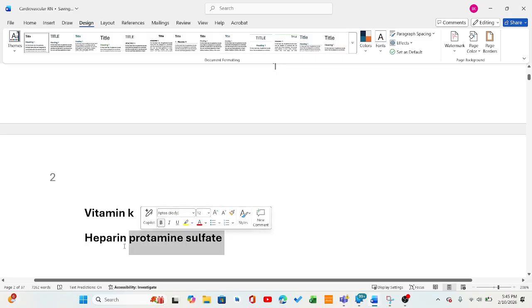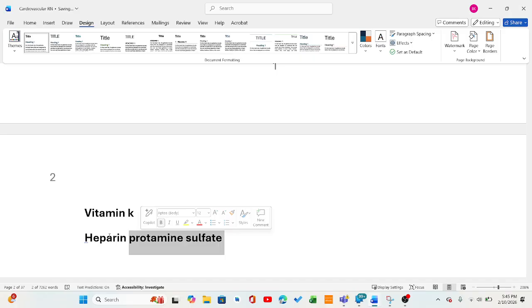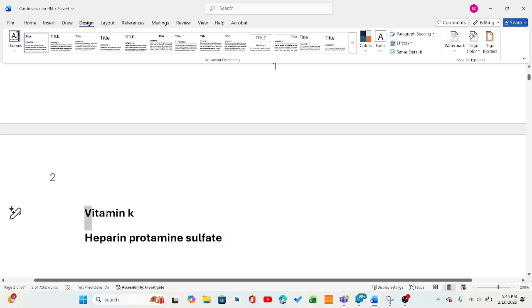So when the person is on heparin and they are getting too much of it or they are bleeding, the doctor will order the protamine sulfate to stop the bleeding. So if the patient falls or is bleeding and they are on heparin, they will not use vitamin K, but they will use protamine sulfate.